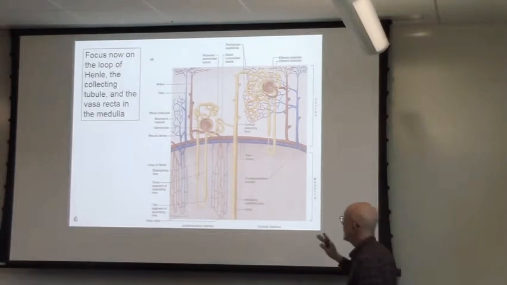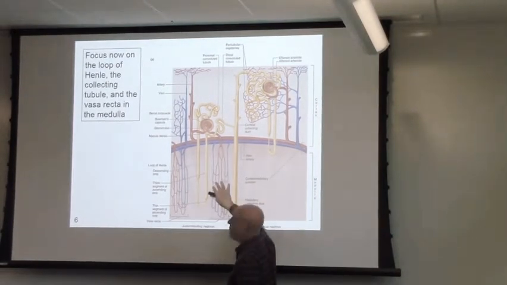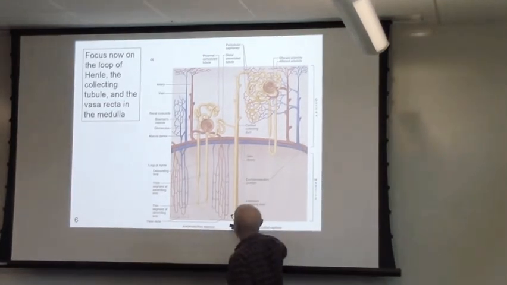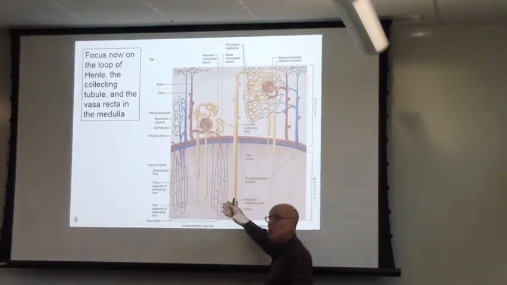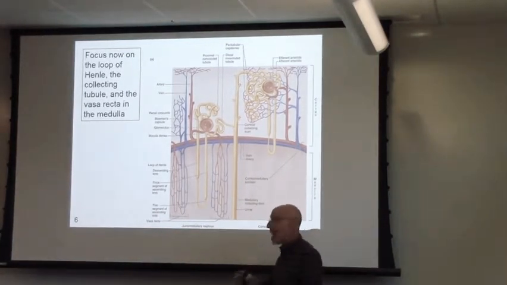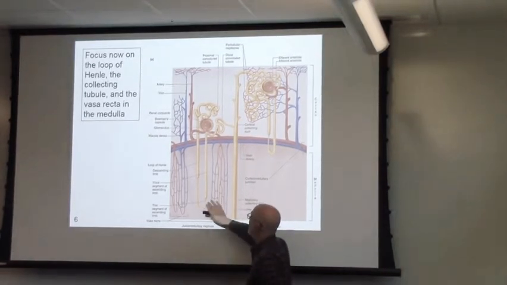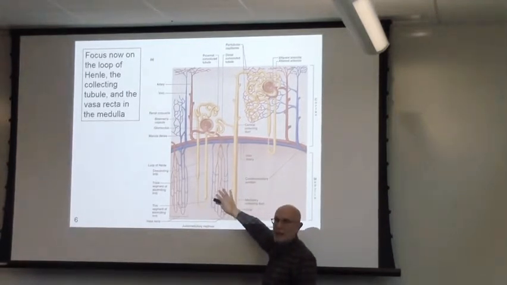Okay, so we're focusing on the loop of Henle, the collecting tubule, and the vasa recta. And obviously this is the cartoon you're used to seeing, but you know from lab that this is all splayed out, and this peritubular space is extremely exaggerated.